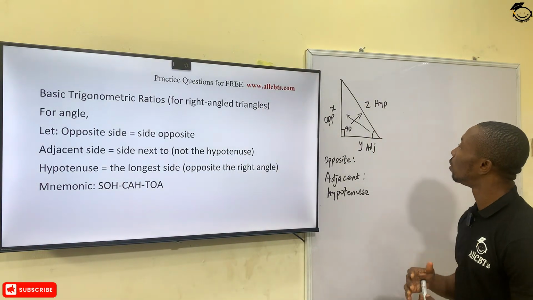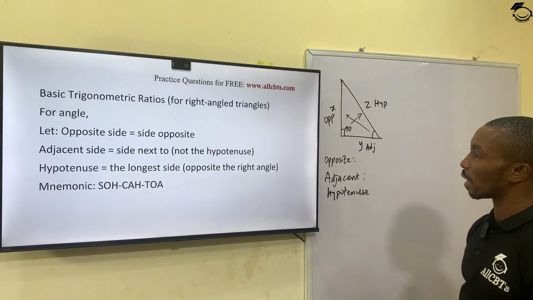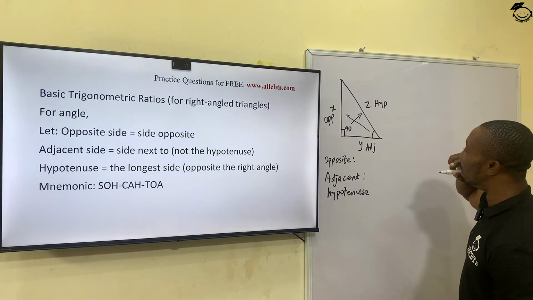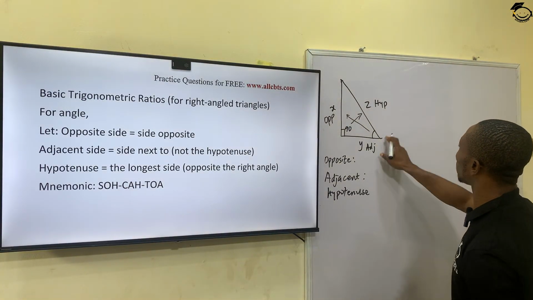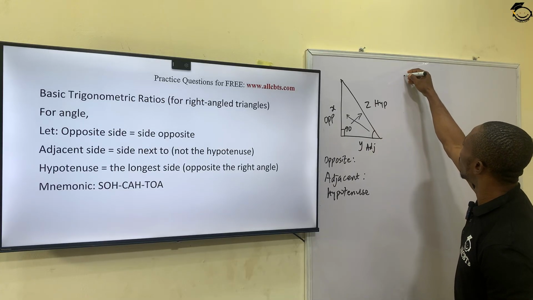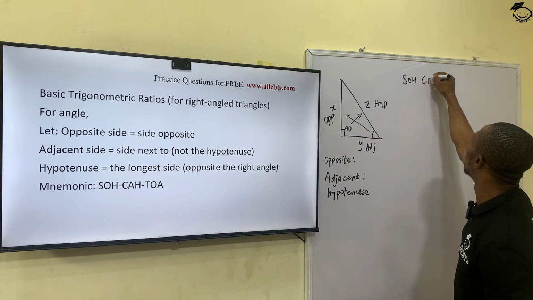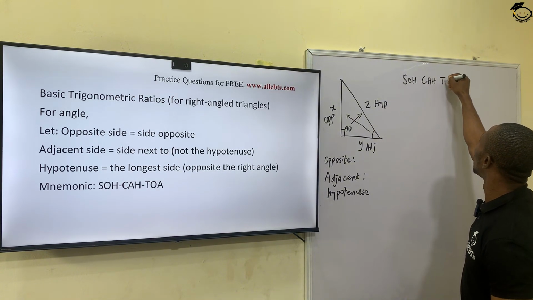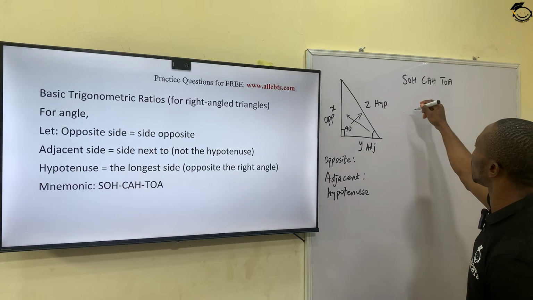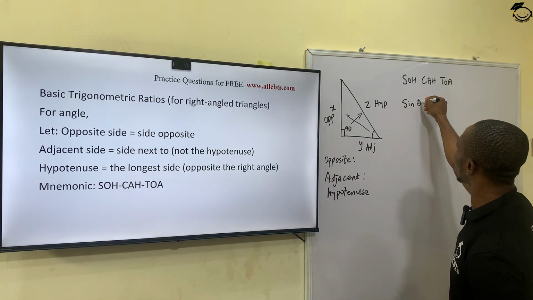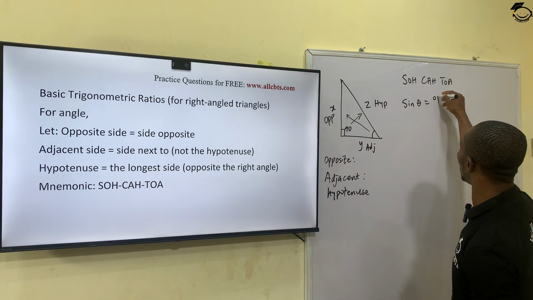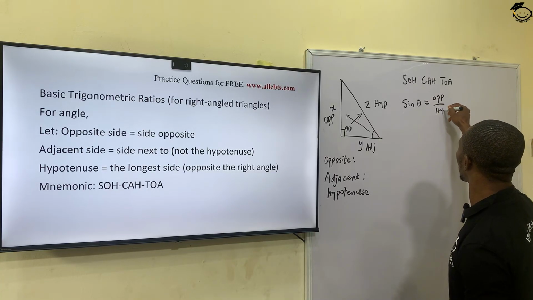Now, we can find our trigonometrical ratios from a short formula known as SOHCAHTOA. This simply means for your sine theta, you have opposite over hypotenuse.